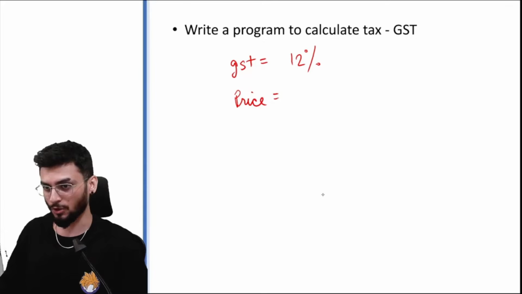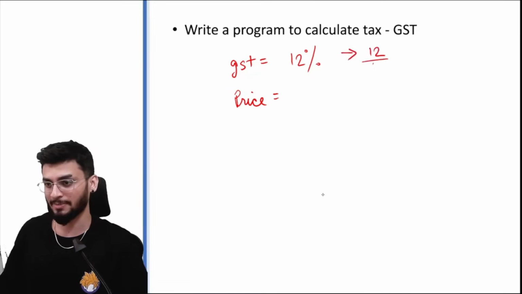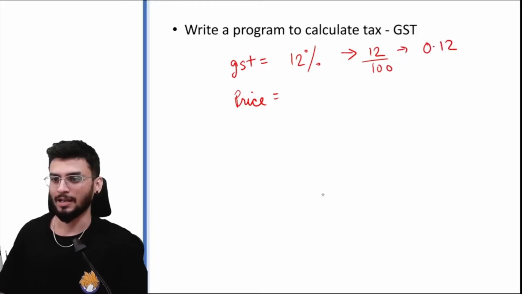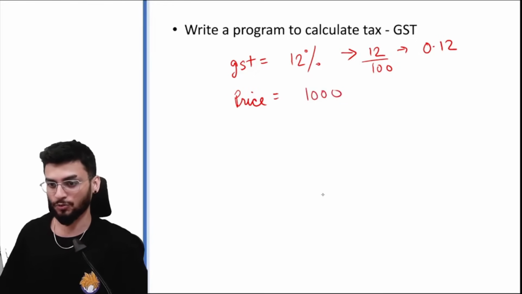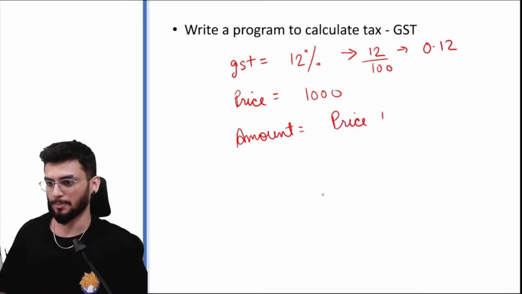So again, for the GST rate, we need to convert this into its mathematical form, which is 0.12. And let's take price as 1000 again. And if I want to find the final price or the amount, it should look like price plus GST into price.